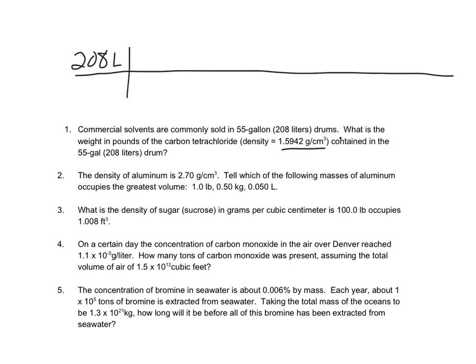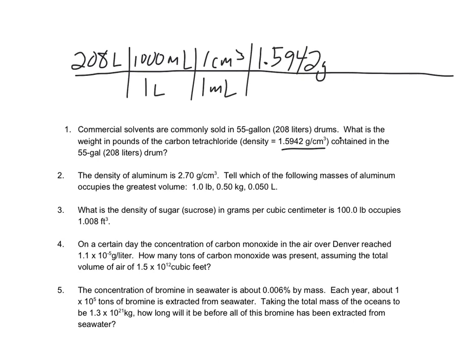So we're going to take our liters and make that into milliliters by multiplying by 1,000, and then recognizing that 1 milliliter is 1 centimeter cubed. Now we can use our density of 1.5942 grams per centimeter cubed.